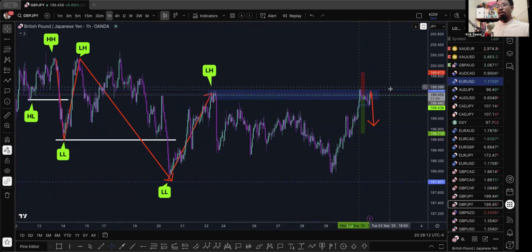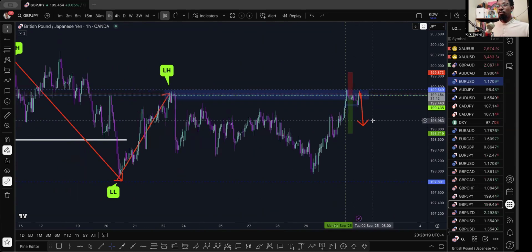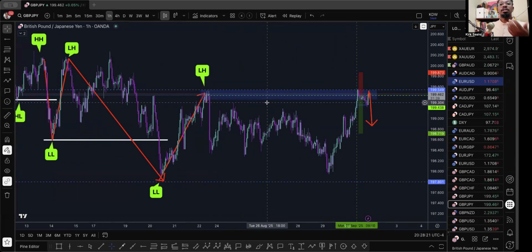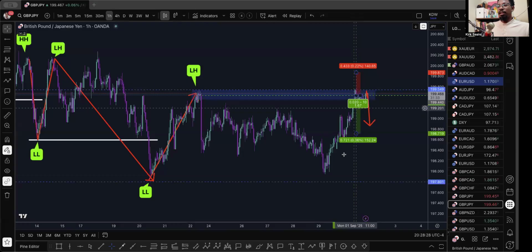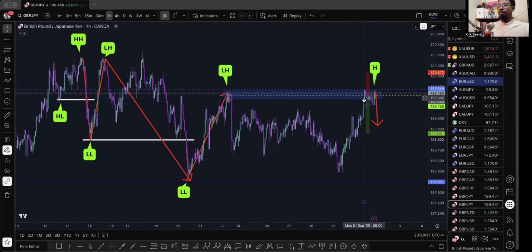Once we stay below 99.55, we're good. If we have price close above 99.59, then we would have a high created, right? And if we are selling, we don't want to see any highs. We only want lower highs.